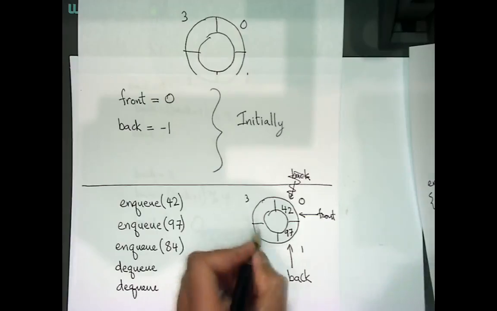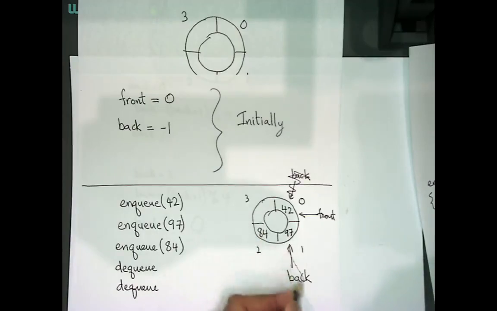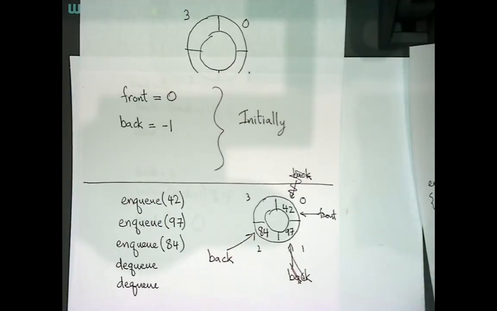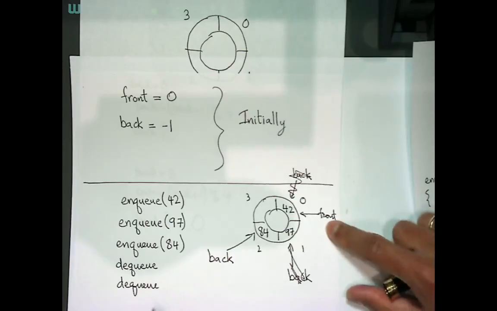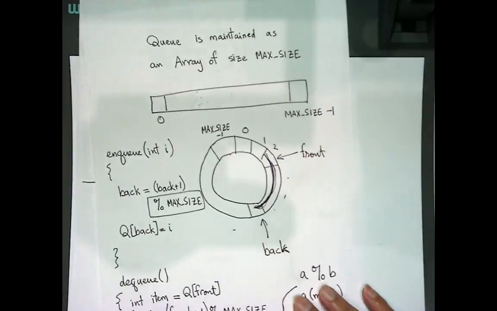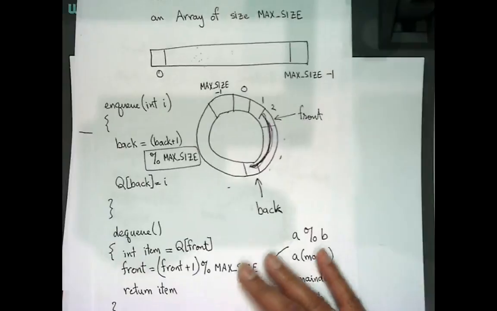Then you NQ 84. 84 goes there. Back moves here. Then you do DQ and DQ. So in a DQ operation, front just moves. That's the only thing that happens. And of course, it returns the item, but let's ignore that for now.